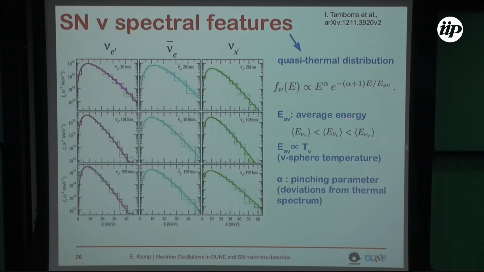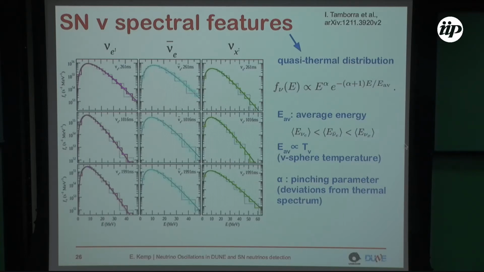and in many different computational and numerical simulations of supernova explosions, this is a very famous shape of spectrum that fits very well different models, and it's simply based on 2 parameters: the average energy of the emitted neutrinos, and alpha, a parameter called the pinching parameter, that can be translated as the deviation from a pure thermal spectrum.